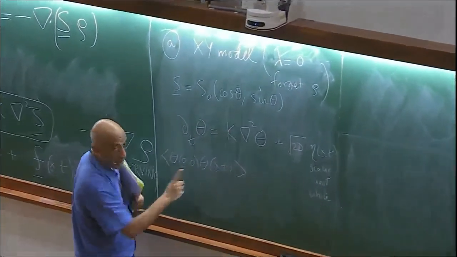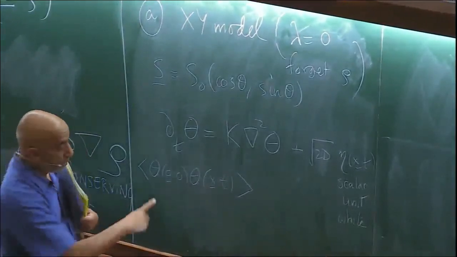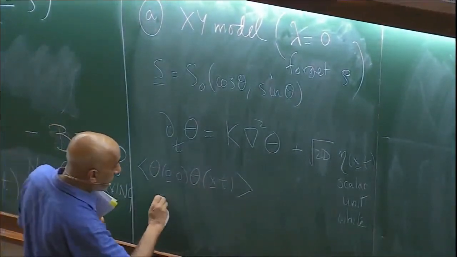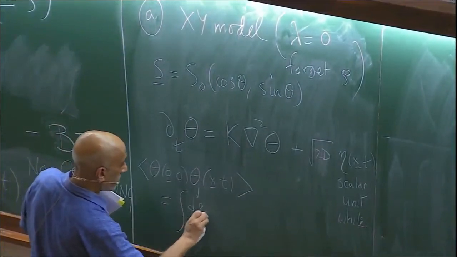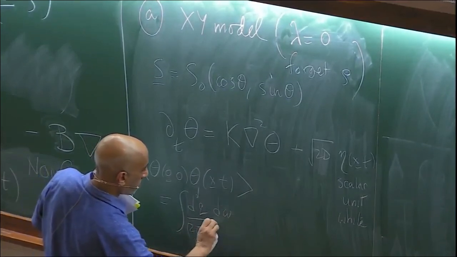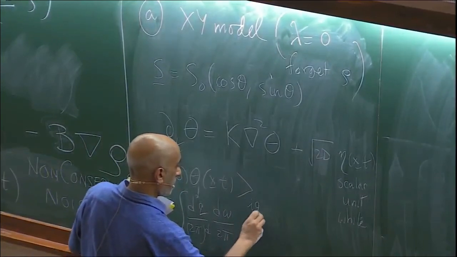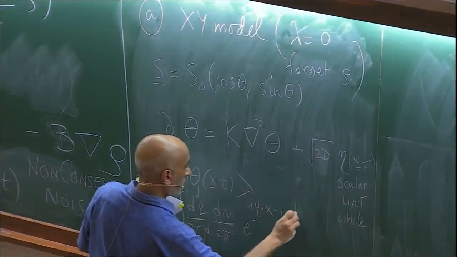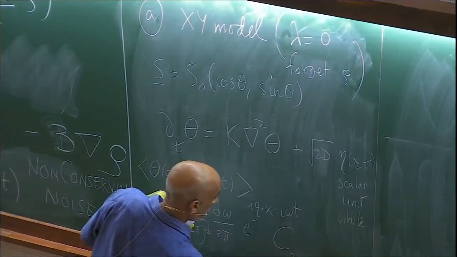The difference between this and what John calculated was those were at equal time. There was no dynamics in what he did. We're now doing this in time. This will be the integral times something which I'll call C of q and omega.